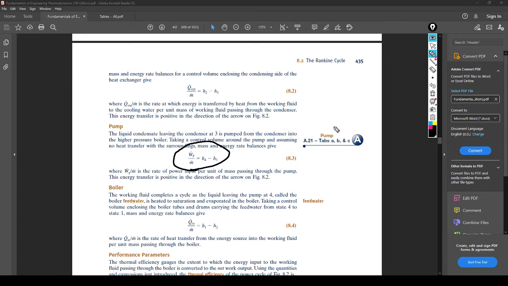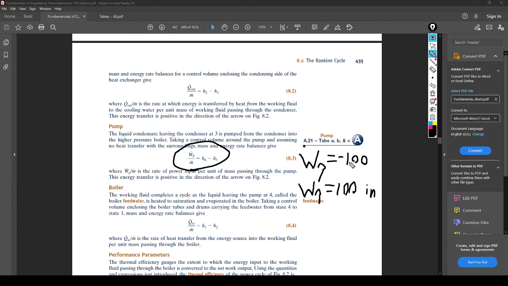So here's the thing, not to confuse you, but you can write this quantity as anything you wanted. For example, let's say the work of the pump was 100, whatever it is, right? In my opinion, you could say work of the pump is negative 100, or you could say work of the pump is equal to 100 going in.